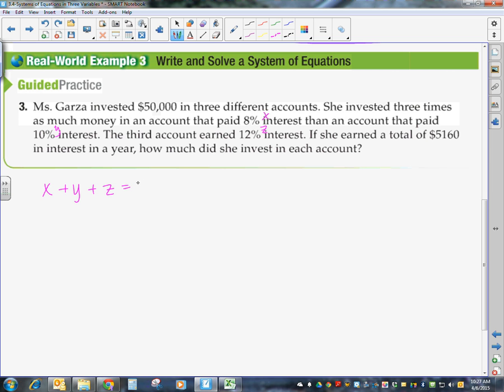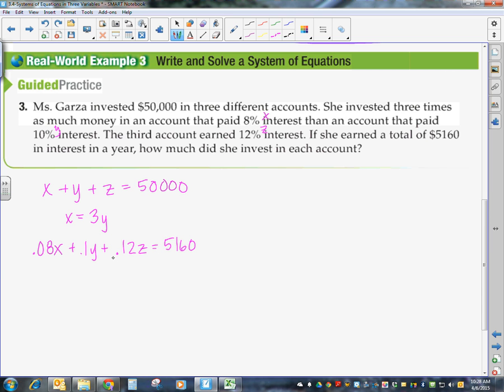And the total amount of money that I invested is 50,000. She told me that the amount in the 8% is 3 times the amount I put in 10%, and the interest is 0.08x plus 0.1y plus 0.12z gives me a total of 5160.